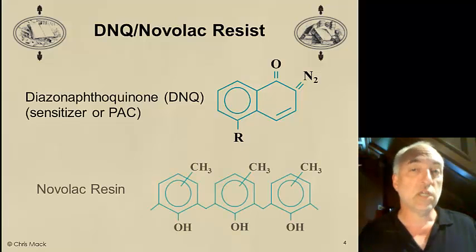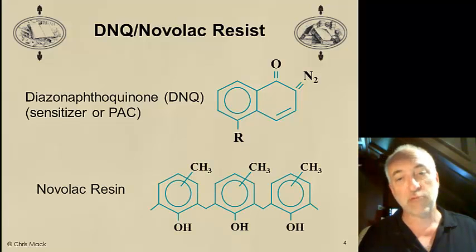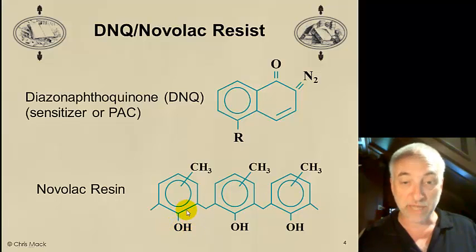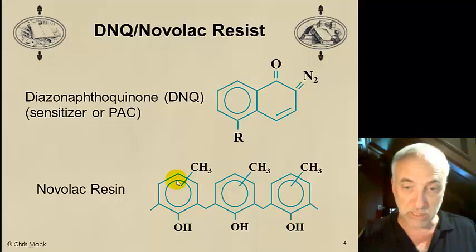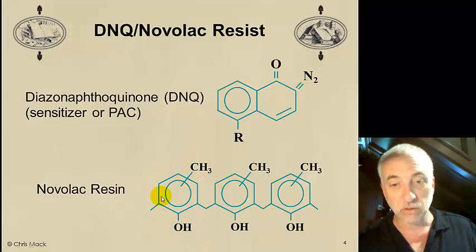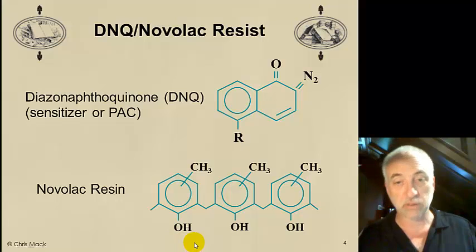Mixed with the DNQ is our Novolac resin. Novolac resin is a phenolic resin. Phenolic means this OH group attached to a benzene ring. A benzene ring, 6-membered ring with shared electrons. That's what the circle means. It's an aromatic compound. So there is a phenol compound.